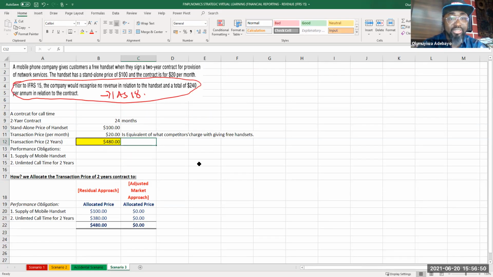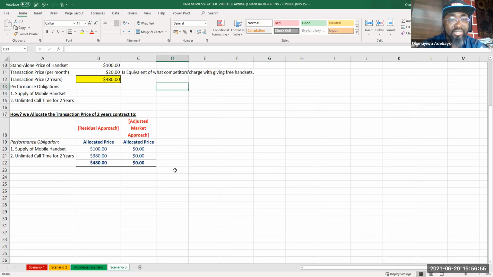Now, if that is the case, it then means that conventionally, what ought to have been charged under this approach?